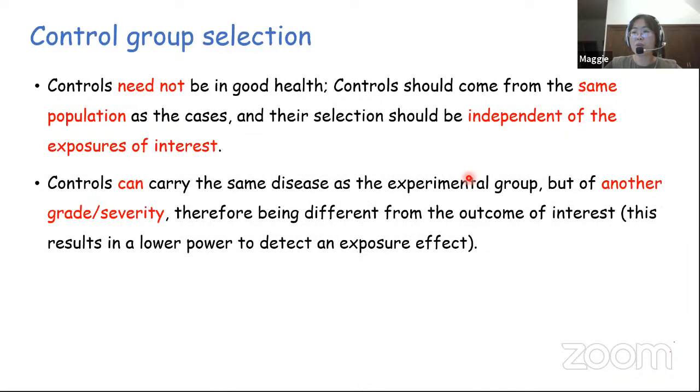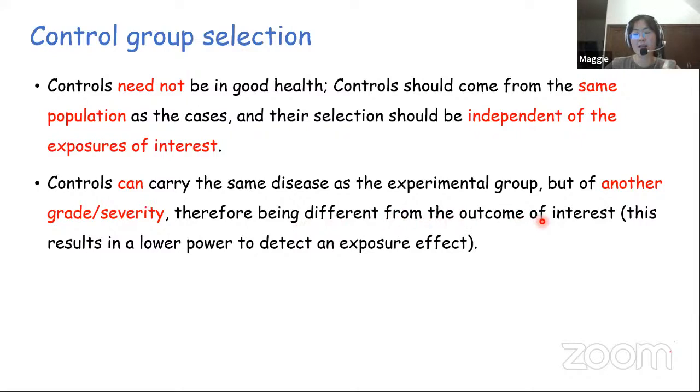And then the controls can carry the same disease as the experimental group. That means if the patient group has grade 3 lung cancer, then the controls can have grade 1 lung cancer. They can have the same disease, but they need to have a different grade or different severity, and therefore differ in the outcomes of interest.